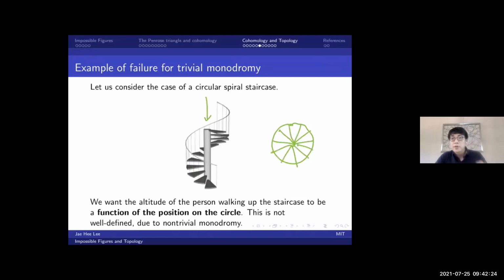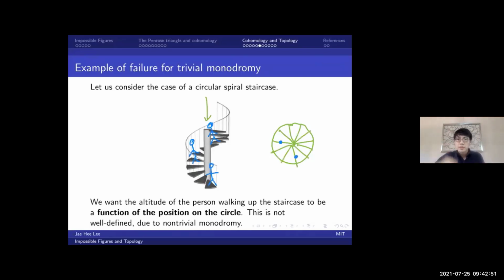And now suppose I want to define the following object over this circle. I want to define a function as the following thing. You have some person walking up the stairs like this. And at each point of your circle, I want to associate the distance of that person from the ground.